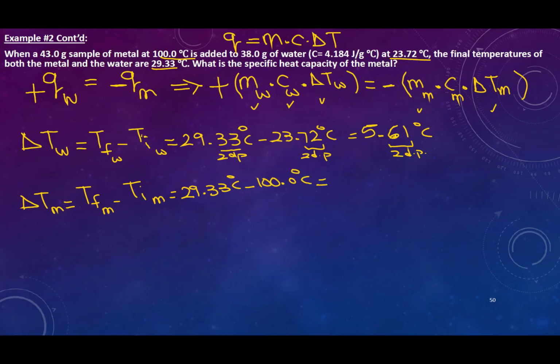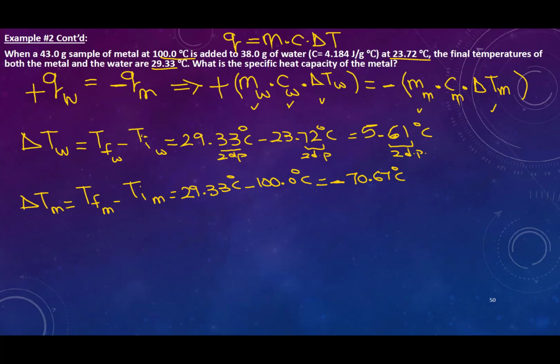When you subtract these numbers, you have to pay attention. Here we are subtracting a larger number from a smaller number, so your final number will be negative, and it's going to be 70.67 degrees Celsius.